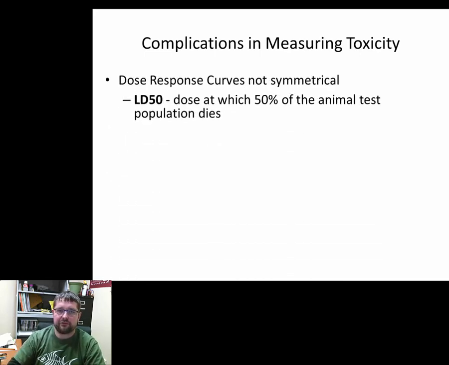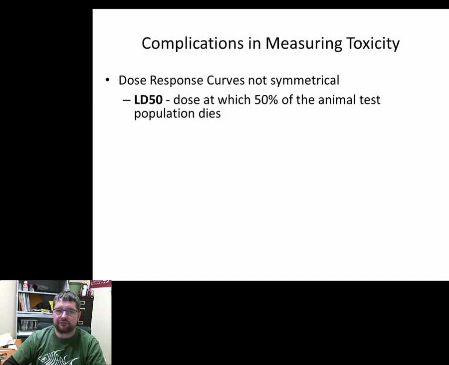Now, there are complications in measuring toxicity, but we often use what we call an LD50. Okay, so when we're doing an animal test, an LD50 means we're interested in what dosage 50% of the population dies at. So you use a certain dosage of a toxic chemical, and when 50% of the animals die, that is the LD50.